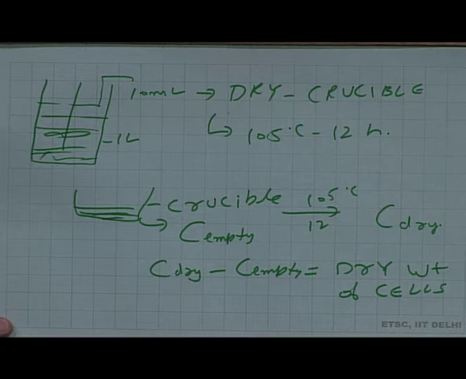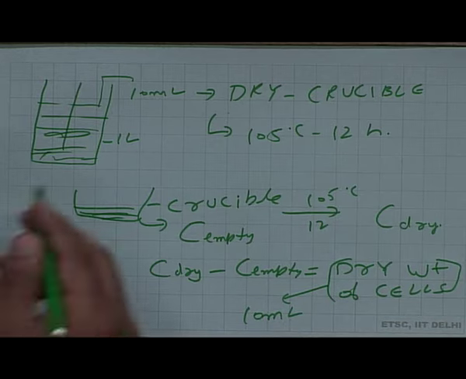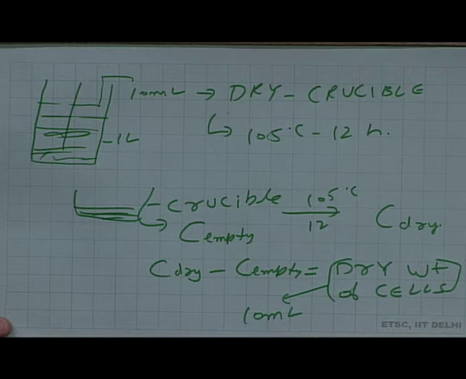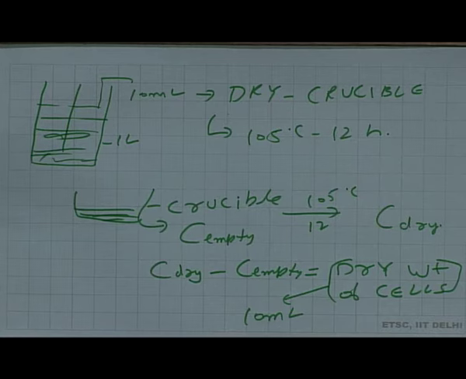Okay. This dry weight of cell is for only 10 milliliter. Okay. And your reactor is 1 liter. So, you can back calculate that how much amount of biomass is in your 1 liter of reactor. So, this is how you do dry cell weight.